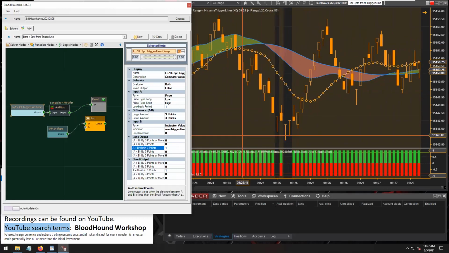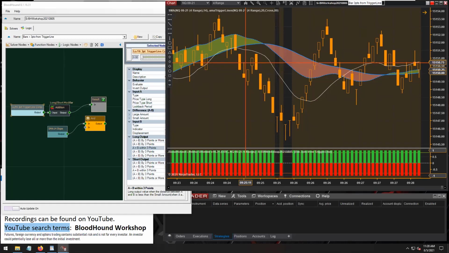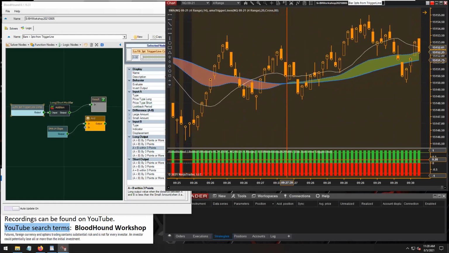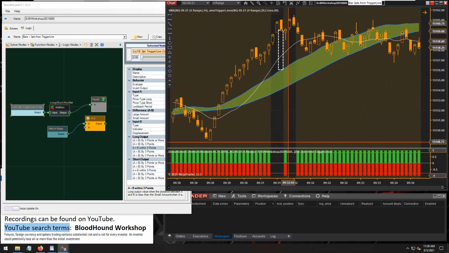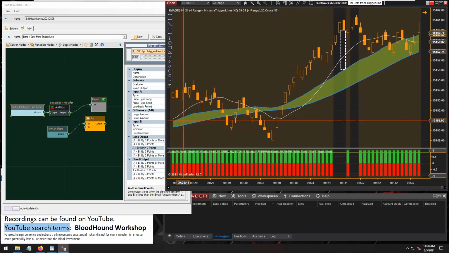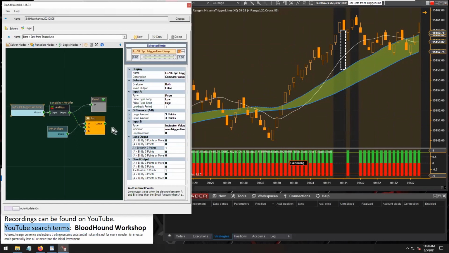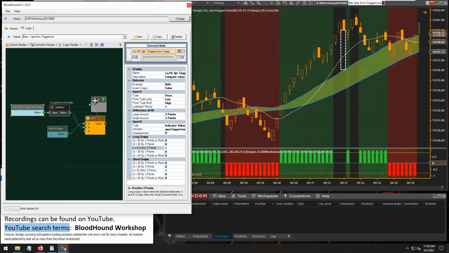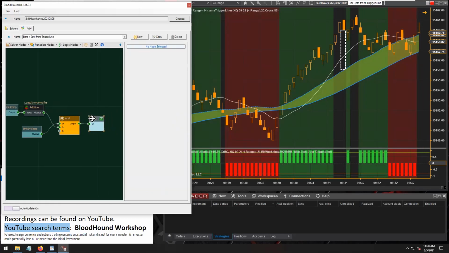So now, as long as the bars are within 3 points of the trigger line, I'm getting an output. And as soon as those bars move further than 3 points away, that output turns off. Let's scroll back here, and there's that area with no output. And if I connect that into the AND node, I will get the same result.